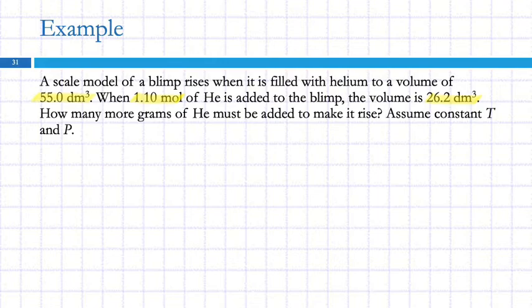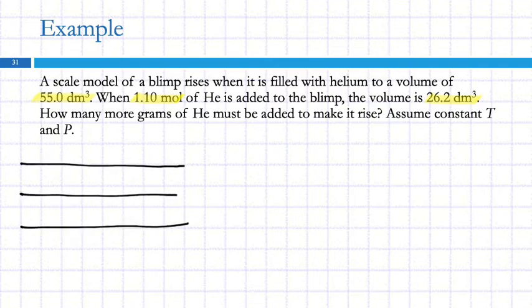Well, let's collect our numbers in a table and see if that helps out at all. So we've got volume of 55.0 cubic decimeters. The blimp will float when it has this volume. When you put this much helium in it, it has this volume. So these two go together.